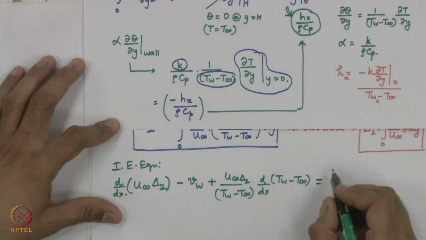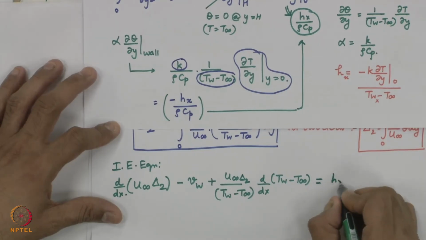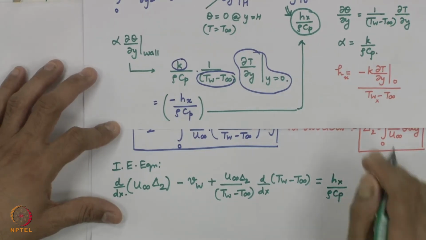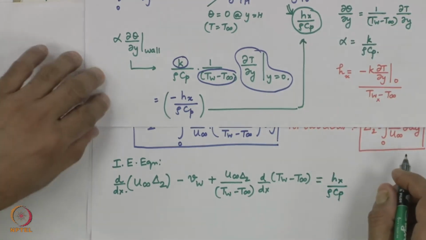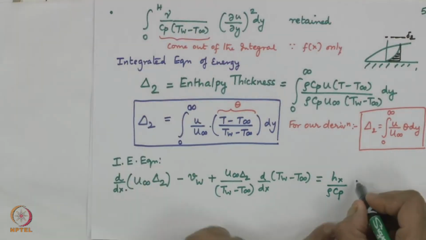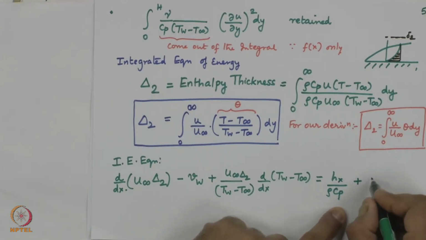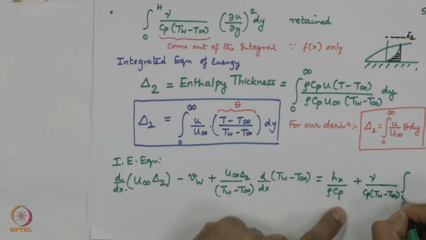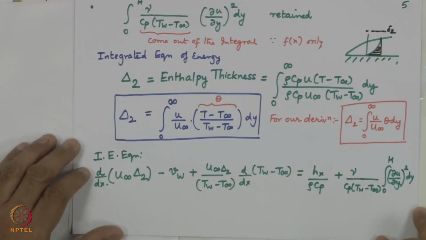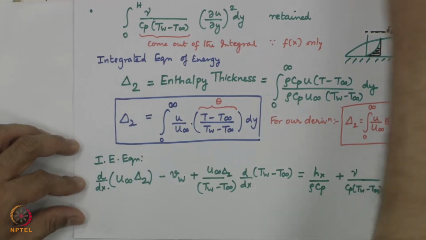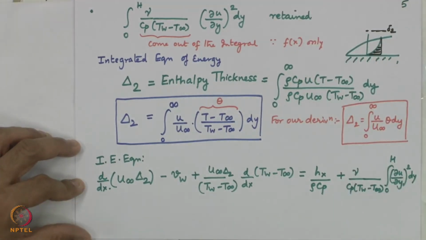The right hand side is h local divided by rho Cp as it is, and the viscous dissipation term is retained as it was. Nu by Cp times T wall minus T infinity has come out, and you are left with the integral 0 to h of du by dy whole squared dy. So, this is my integrated energy equation, still not user friendly.